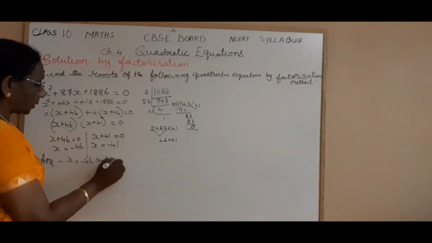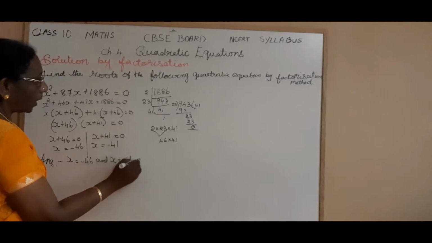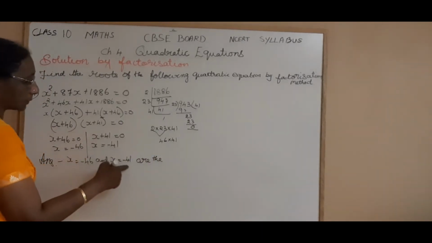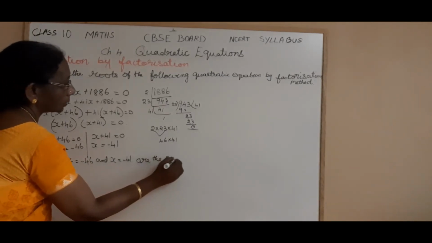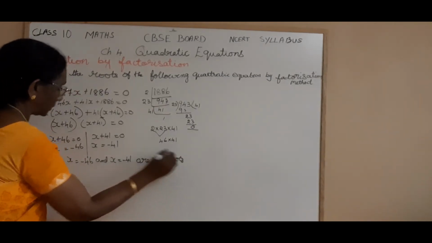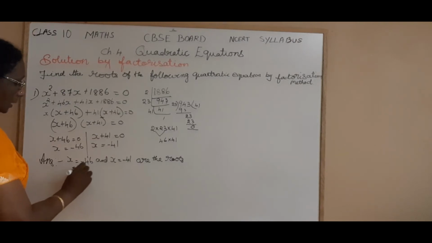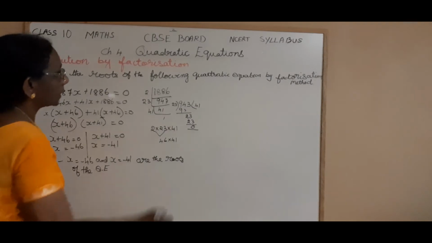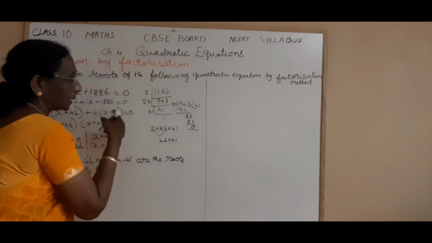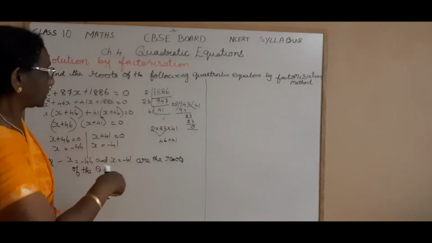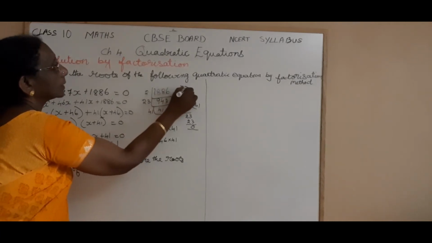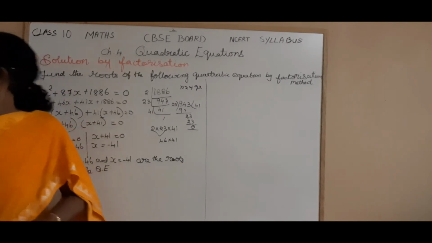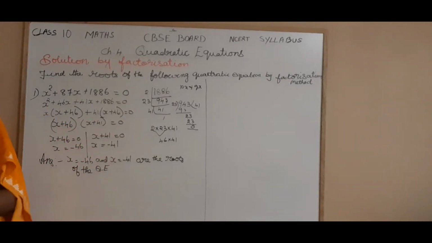And x is equal to minus 41, or the minus 46, minus 41, are the roots of the given quadratic equation. Is it clear, children? How to find out the split ups, that is px and qx. Now we'll move to the next sum.